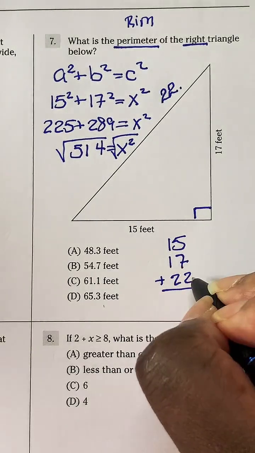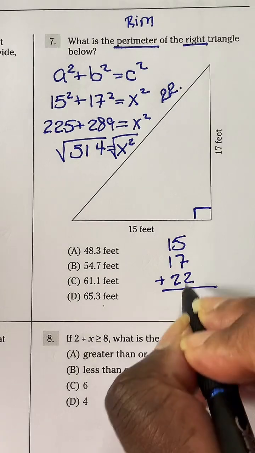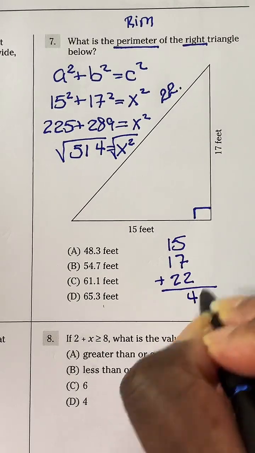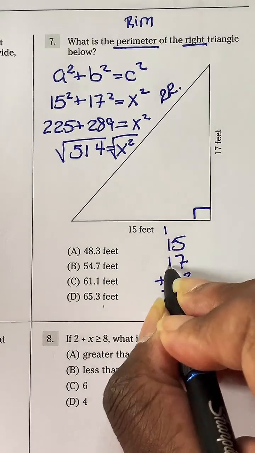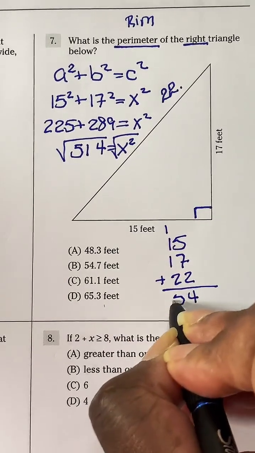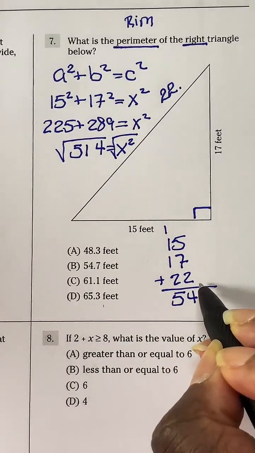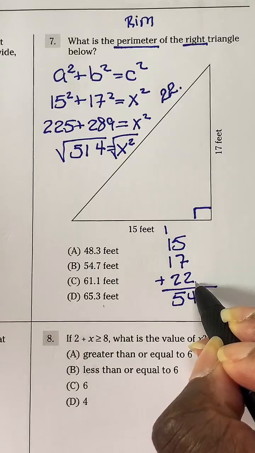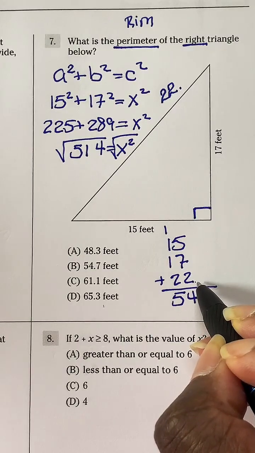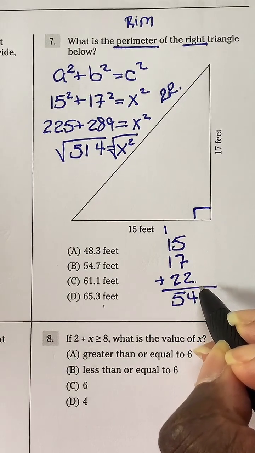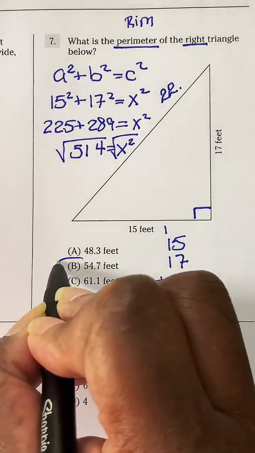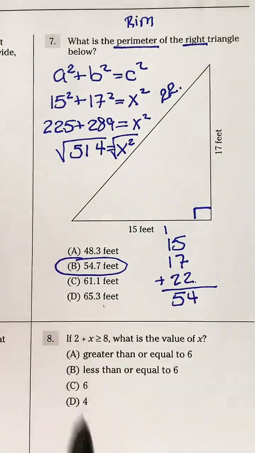So I know 5 plus 2 gives me 7. 7 and 7 is 14. Then 2, 3, 4, 5 gives me 54. But we know that this 22 is not exact. So I want to get something that's relatively close. And the thing that's relatively close is B.